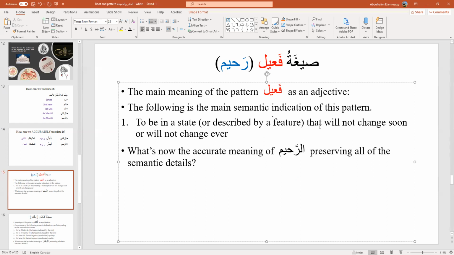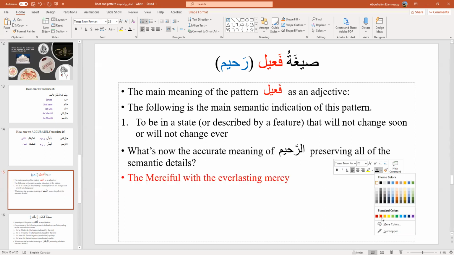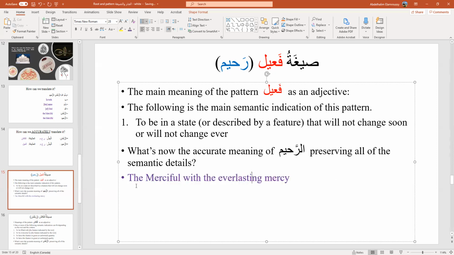So Ar-Rahim here, in the verse Bismillahir Rahmanir Rahim, as an adjective describing God, has the accurate meaning of, you can guess it right now, the one with the everlasting mercy. That's basically it. The merciful with the everlasting mercy.